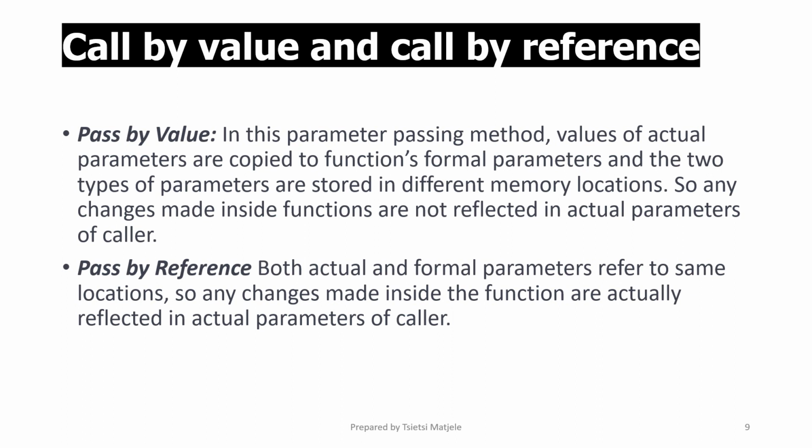Both actual and formal parameters refer to the same location. So any changes made inside the function are actually reflected in the actual parameters of the caller. It is different from pass by value, where they are not reflected, but with this one they are reflected in actual parameters of the caller.